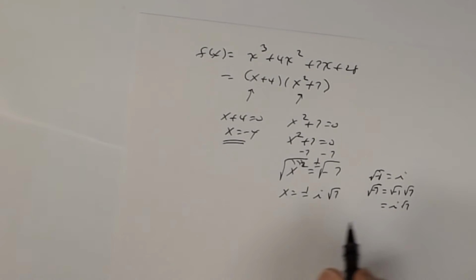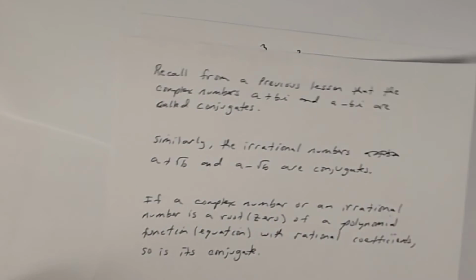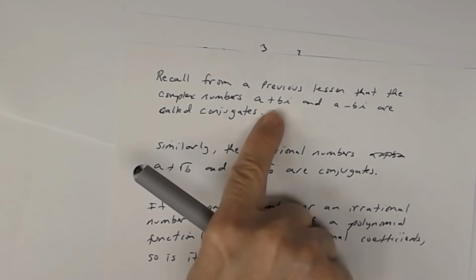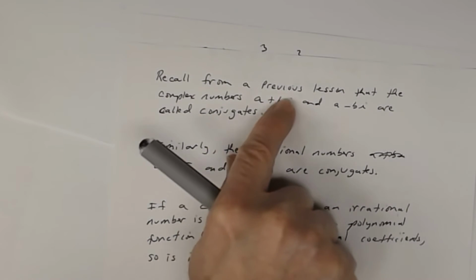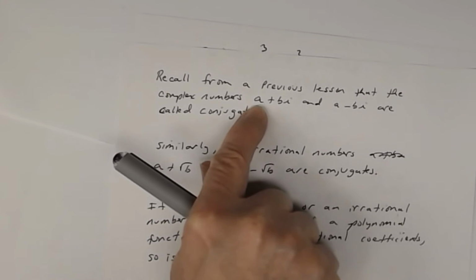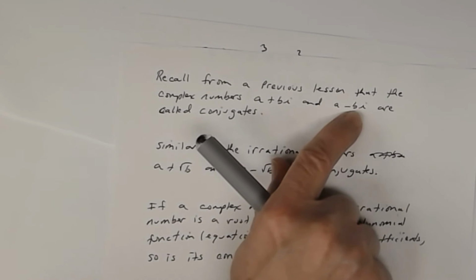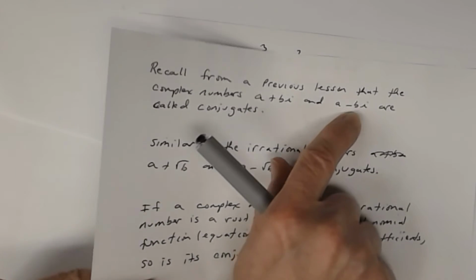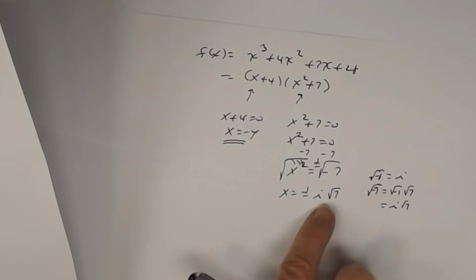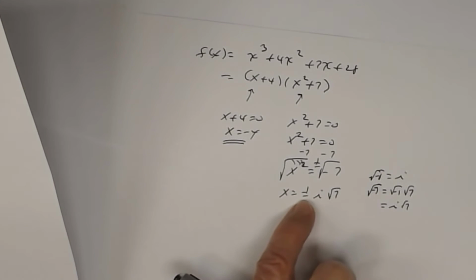Remember all that? So notice, remember we talked about the fact that if your polynomial has a non-real number, then its conjugate is going to be a 0 as well. So notice positive i square root of 7 and negative i square root of 7.